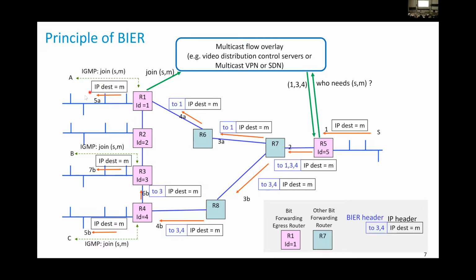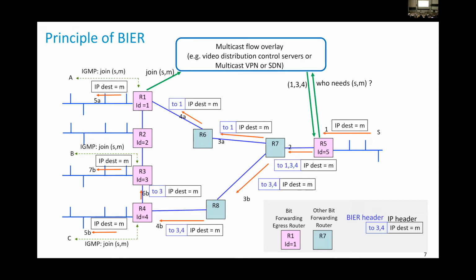Remember, with PIM sparse mode, the receivers do IGMP. Here they continue to do IGMP or MLD if it's IPv6 to inform the router that somebody is listening. So here R1, R3, and R4 know that somebody is listening.